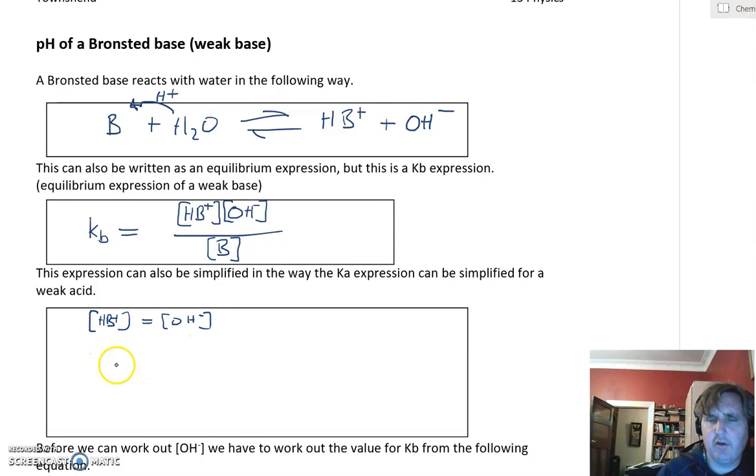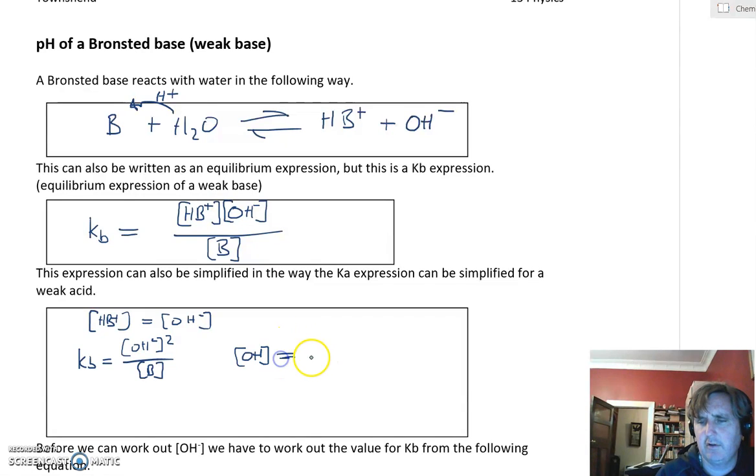Then we can simplify and rearrange: Kb equals OH minus squared over B. If I want to find the concentration of OH minus, it becomes the square root of the Kb times the concentration of the weak base.